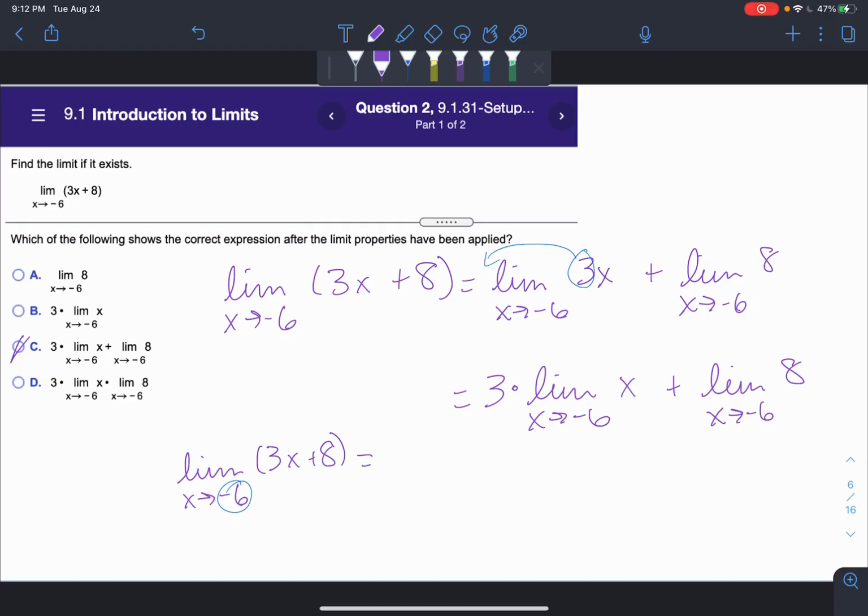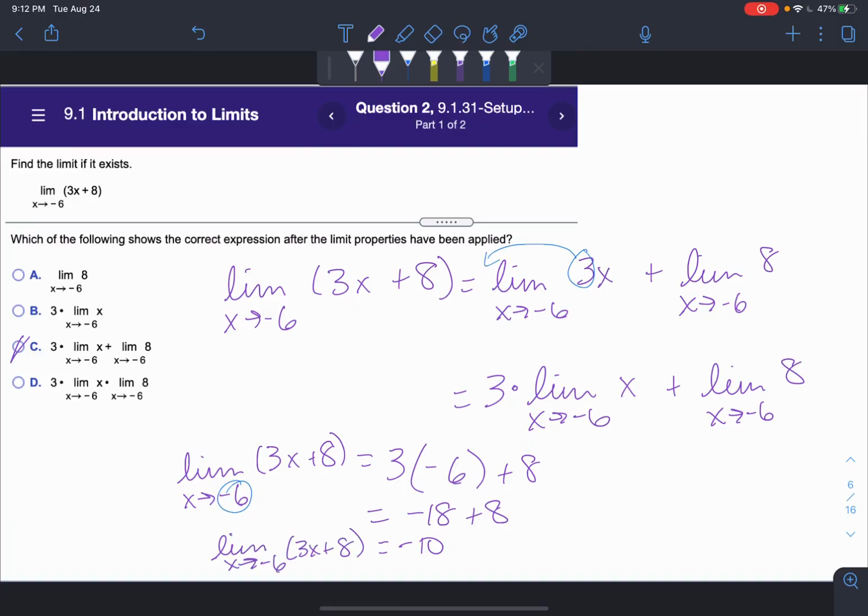So if we plug in -6 for x, we get 3 times -6 is -18, plus 8, and that gives us -10. And so that is a real number, so we can say that the limit as x goes to -6 of 3x plus 8 is -10.